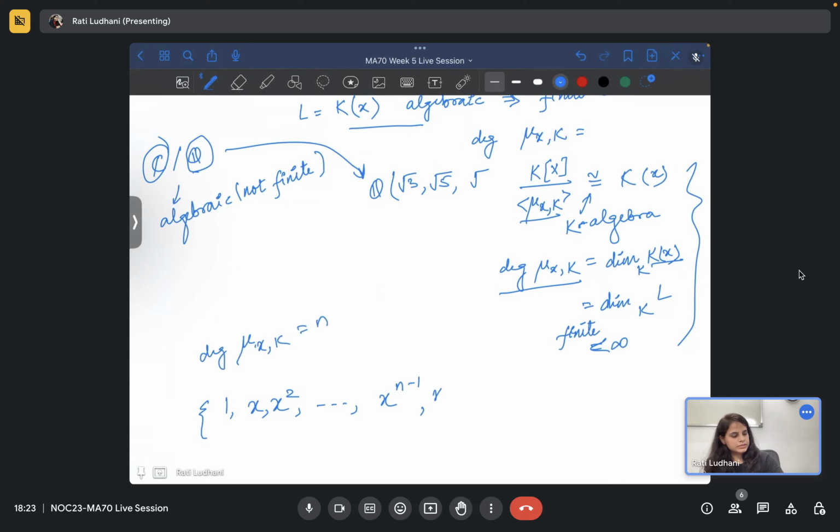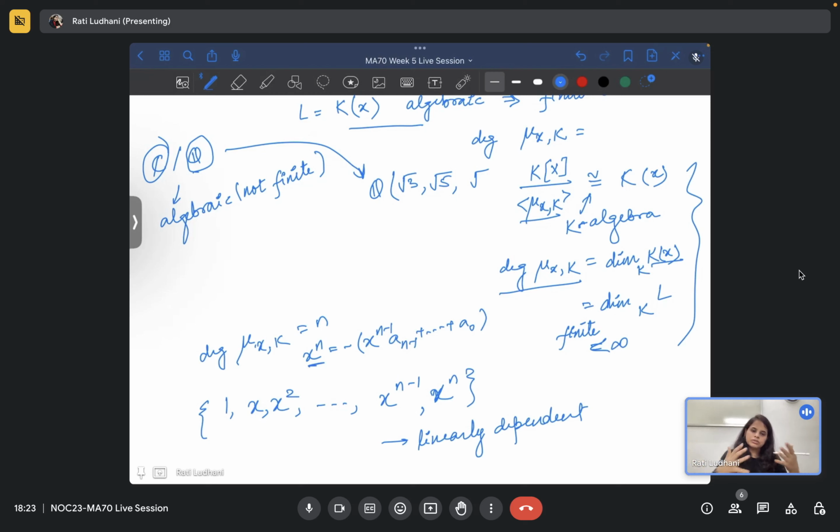Then this set up to x raised to power n will be linearly dependent, because you have this kind of relation between these powers, right?